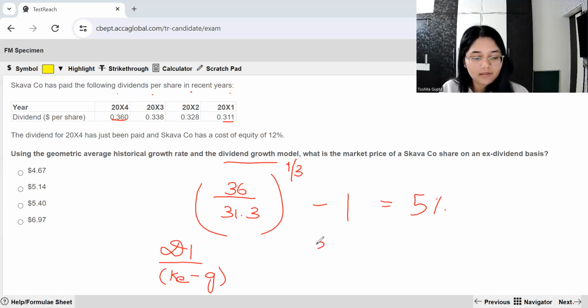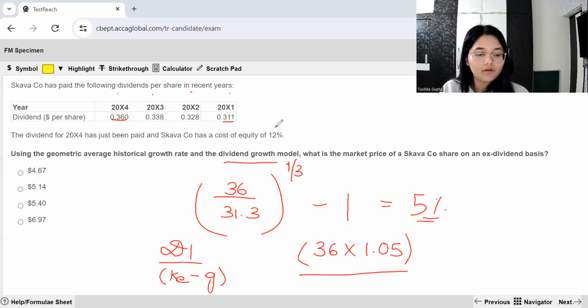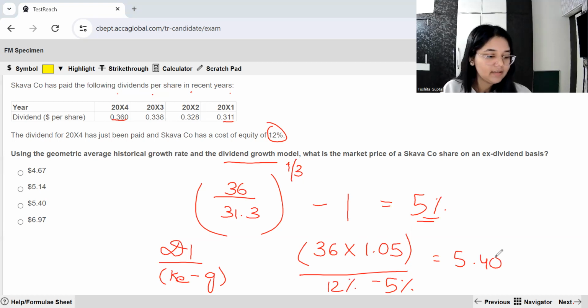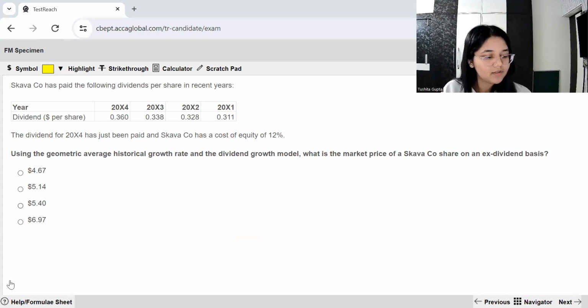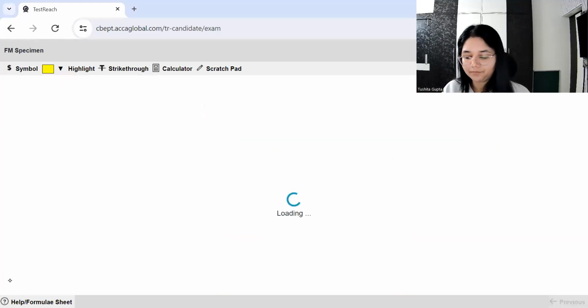So this is going to be 36 into 1.05, because 5% is my growth rate, and I will divide that by cost of equity, 12%, minus 5%. If I solve this, my answer comes out to be 540. I can select this one and move ahead.